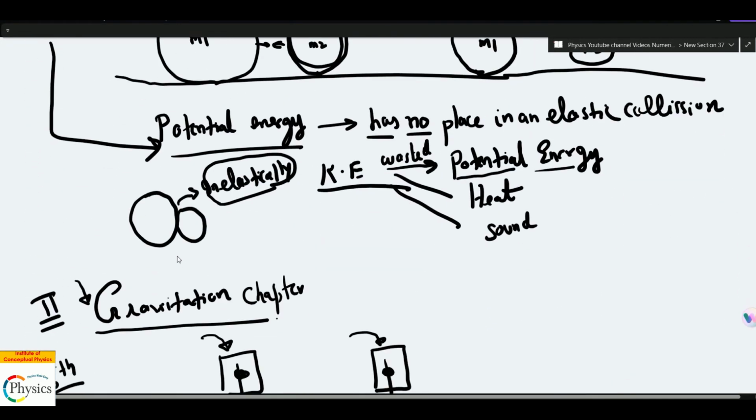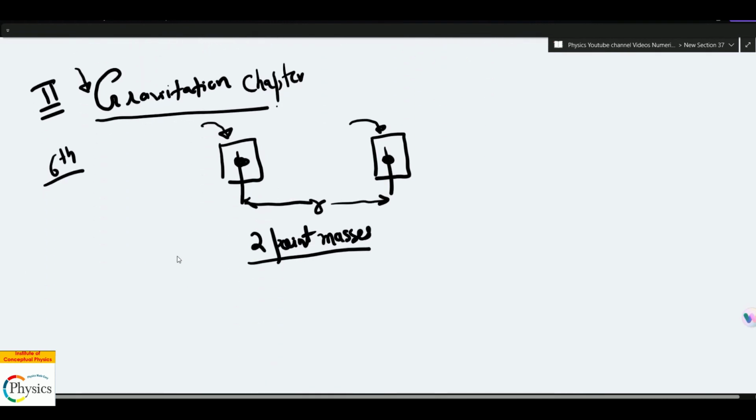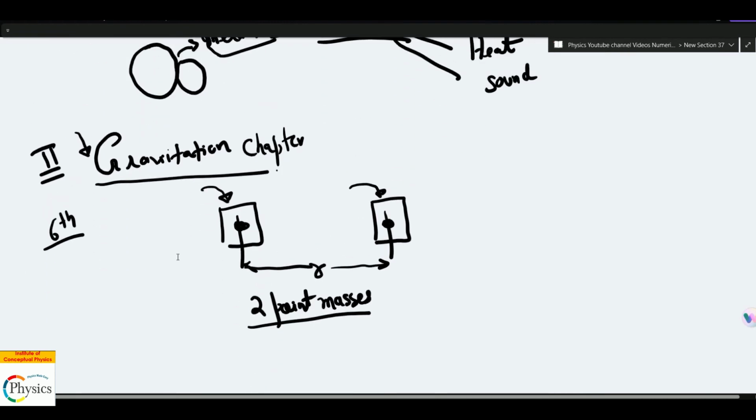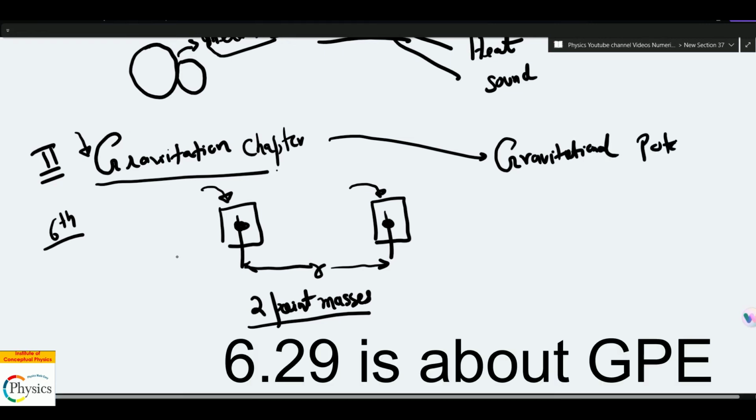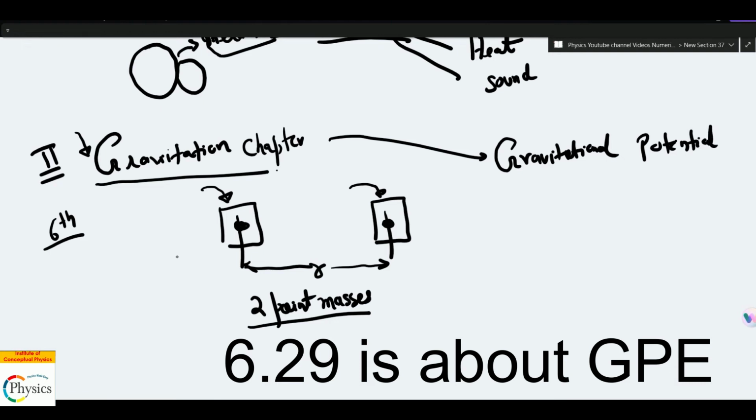Nobody has bothered to tell you that this question is actually from the gravitation chapter, and the concept from which it has been picked is gravitational potential energy. So this is the concept you should know before you solve question 6.29 in the work, power, energy chapter.